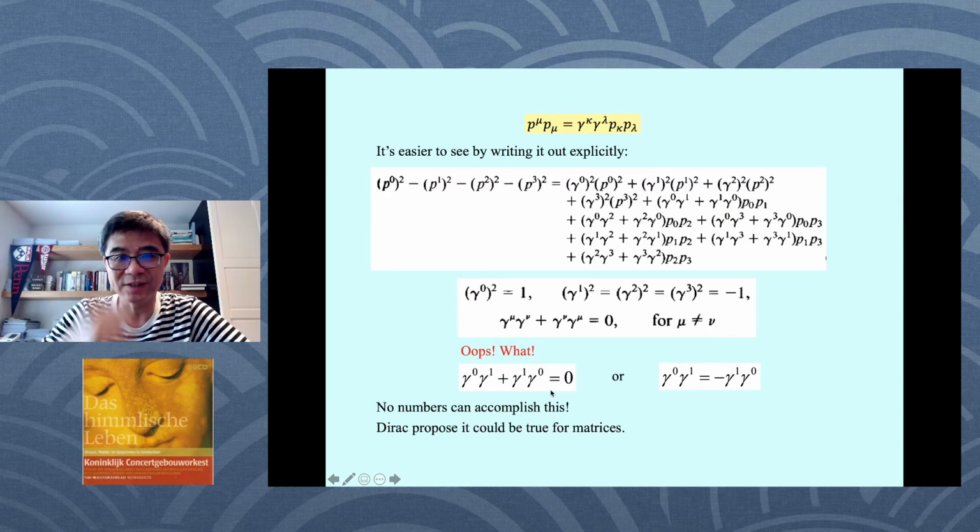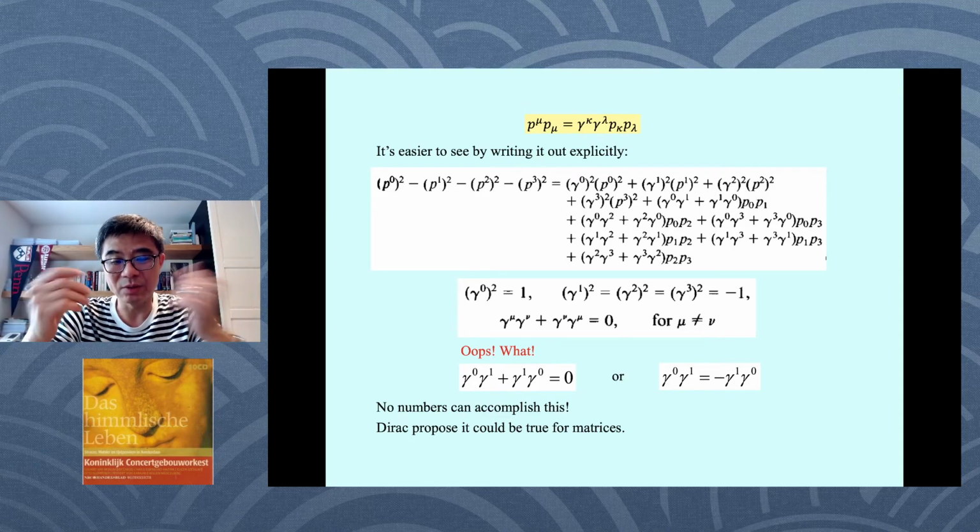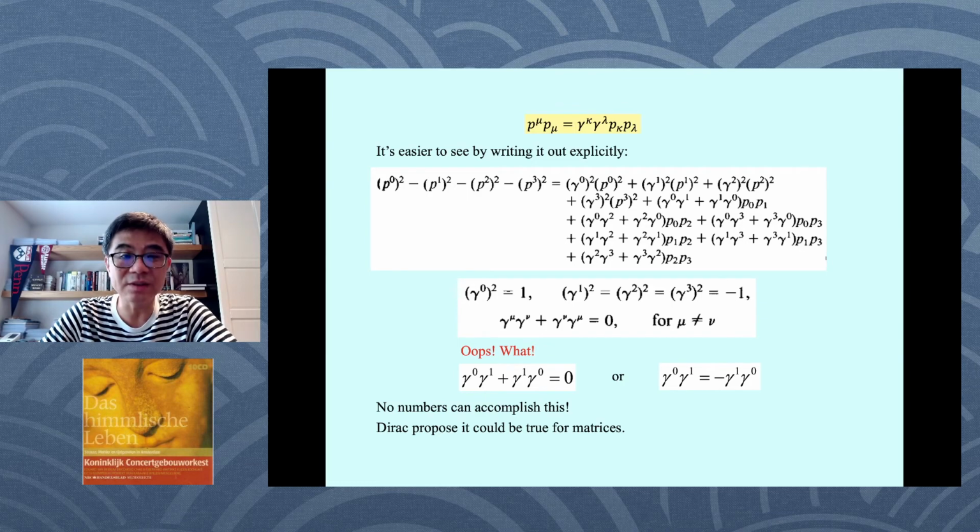That's the genius idea. At this moment, nobody knows what we mean by a matrix equation. However, mathematically, this is possible. So Dirac proposed it. It's really a daring way to do physics.